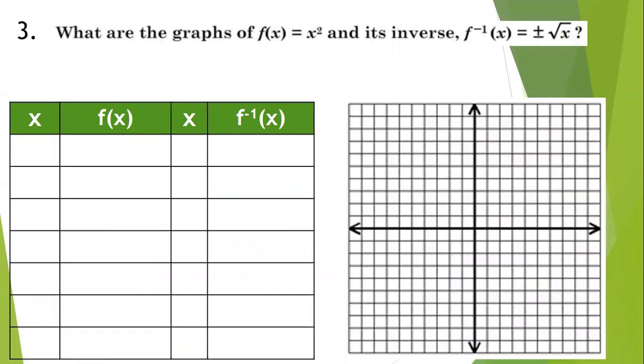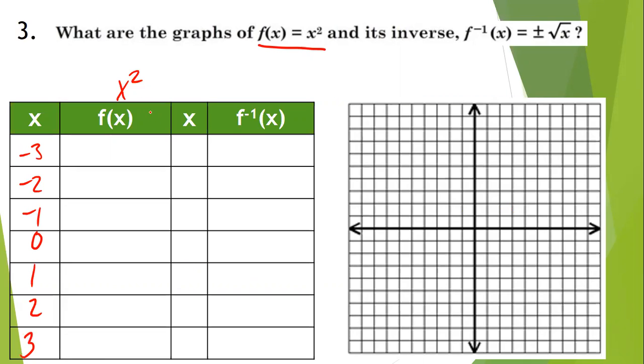All right, so here we're going to graph to show you how this works. So first, we're going to graph our quadratic, x squared. So we're going to do -3, -2, -1, 0, 1, 2, and 3.